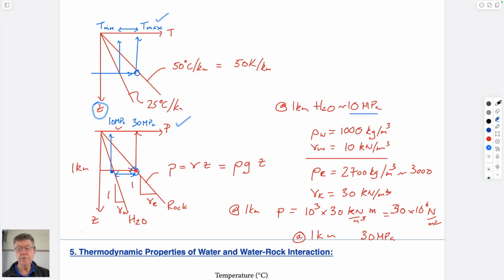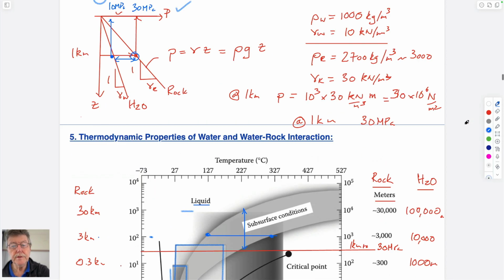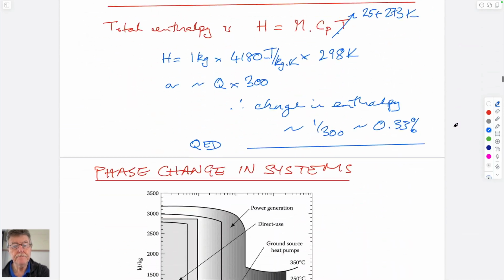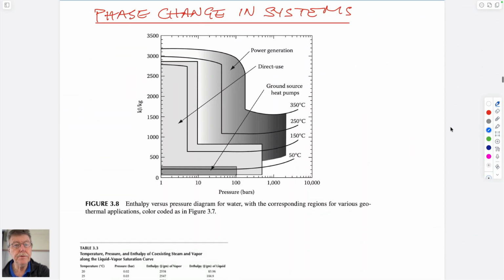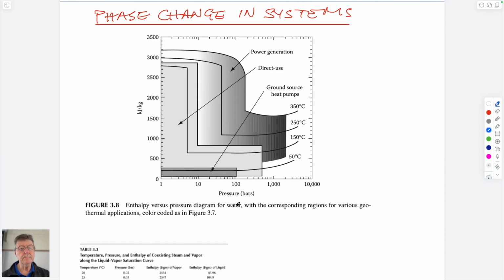And so what we should be able to do is define the enthalpy that exists for those same conditions. And so those conditions are given here.